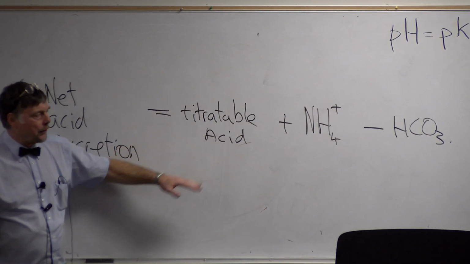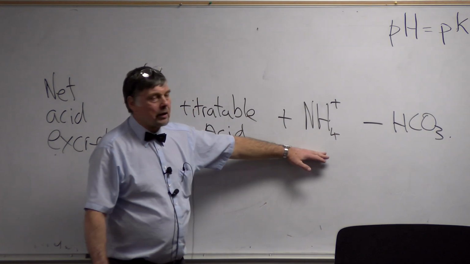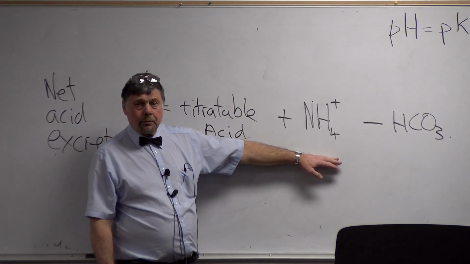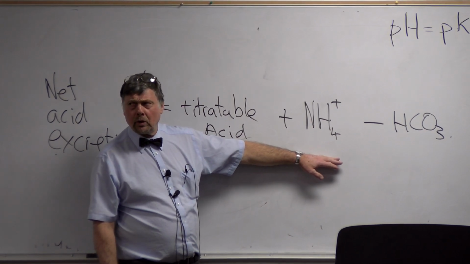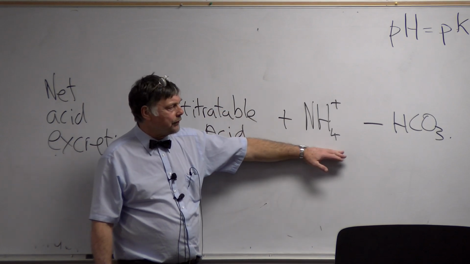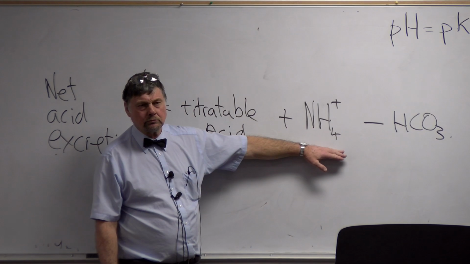Okay? So the problem is that a lot of protons are got rid of by ammonium, as we just described. But because the pK is about 9.1, 9.2, you can't titrate that back to 7.4, and you actually have to measure that separately.